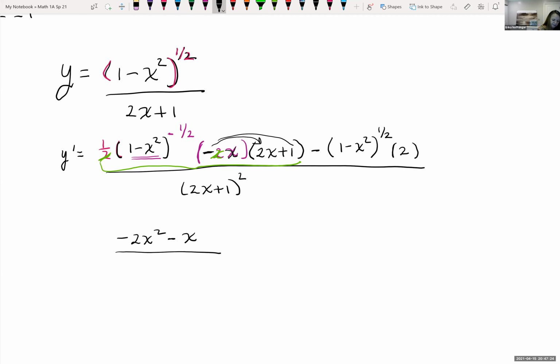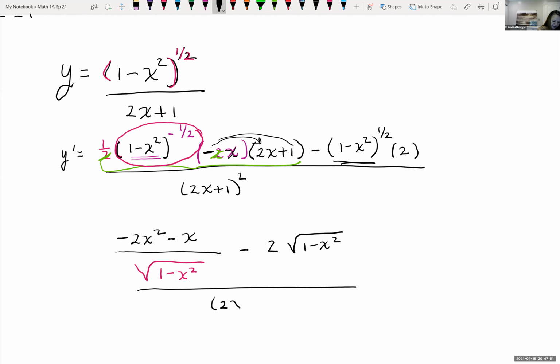This is all over, so I'm bringing this piece down to the denominator just for this. So square root of 1 minus x squared. Then we have minus, I'm going to pull this 2 in front. So 2, and this is a square root. So square root of 1 minus x squared. And this is all over 2x plus 1 squared.